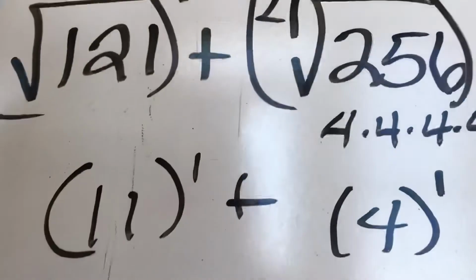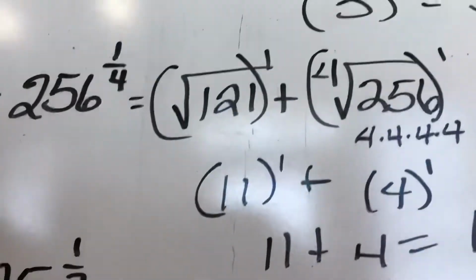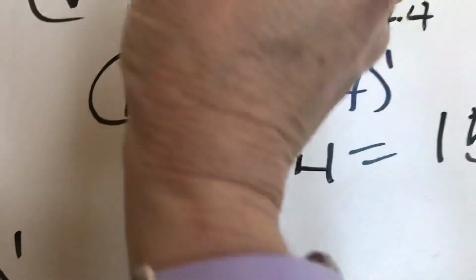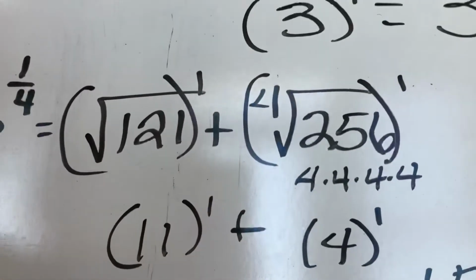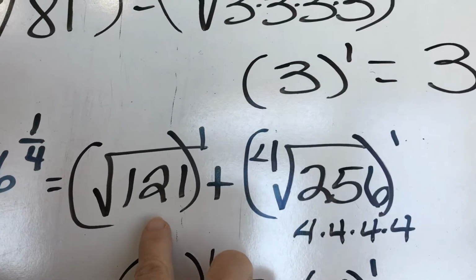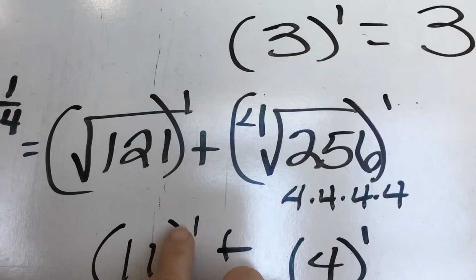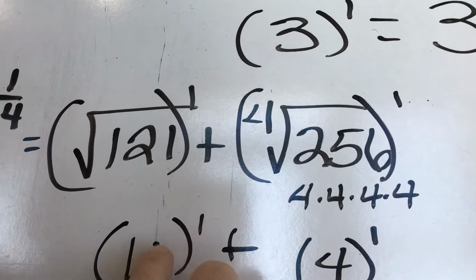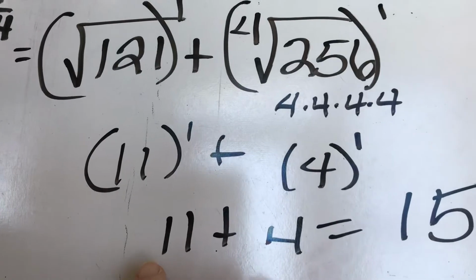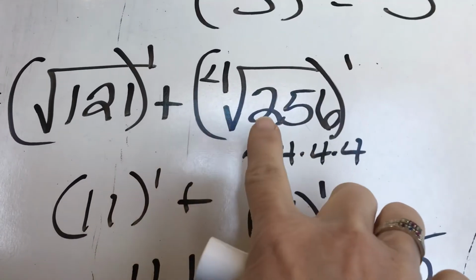So I want the square root of 121, which is 11, and I'll raise it to the first power, and that's going to be 11.